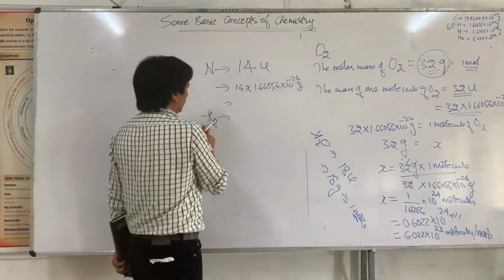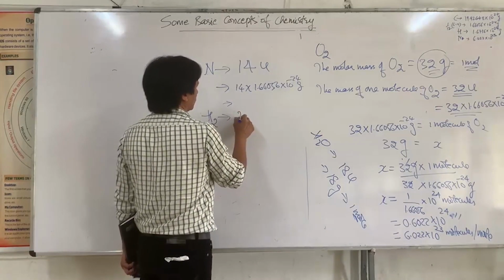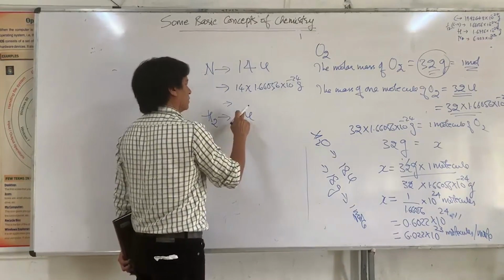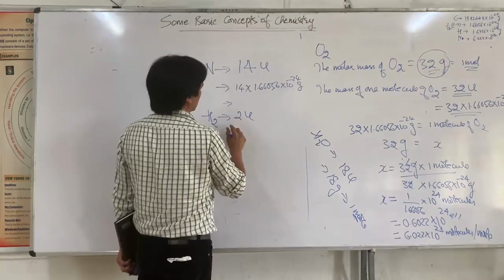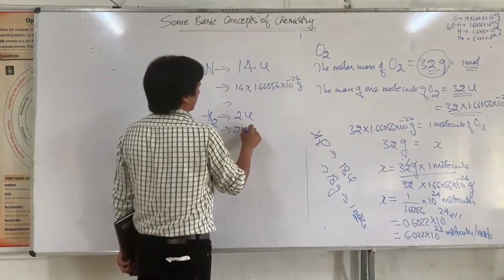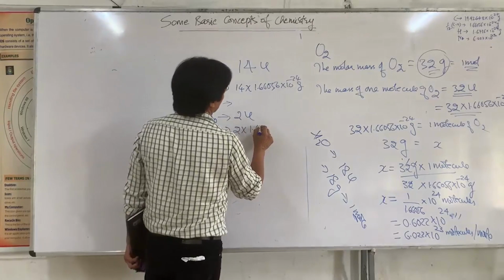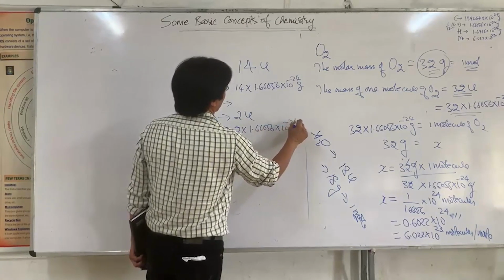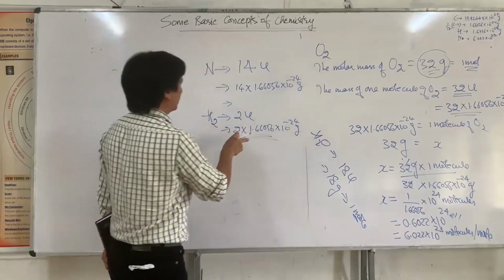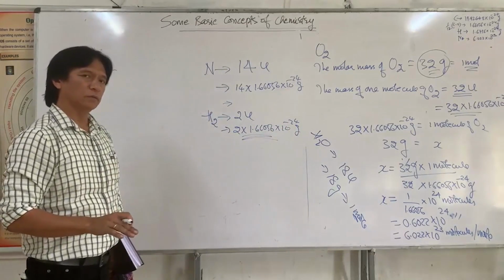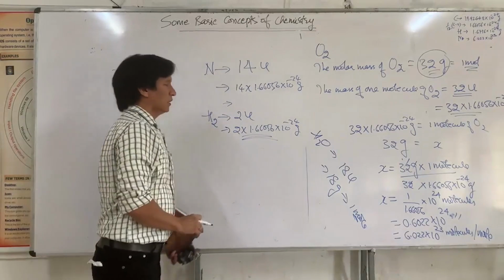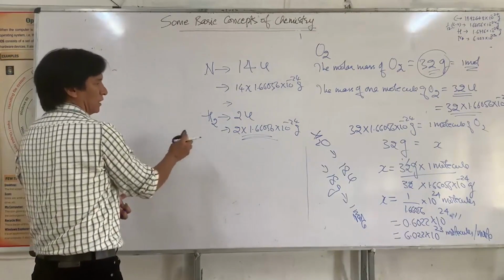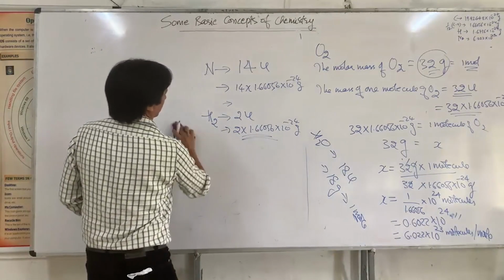We know the molecular mass of dihydrogen is 2 unified mass. So you multiply this 2 by 1.66056 into 10 raised power negative 24 grams. This will give you the mass of 1 molecule of hydrogen.